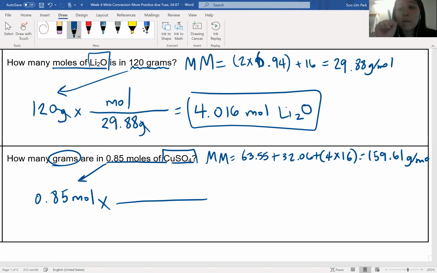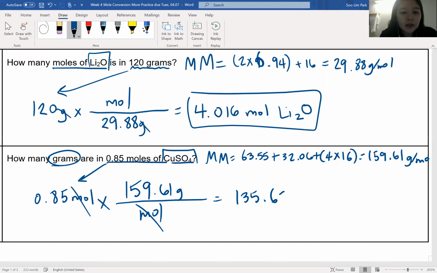So we're going to multiply this time, and put our molar mass, grams per mole, on top, and moles on the bottom so the moles cancel out. If I plug that into the calculator, I get 135.67 grams of CuSO4. That's my final answer.